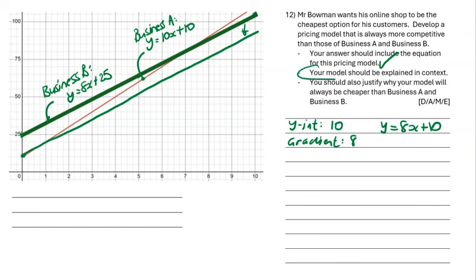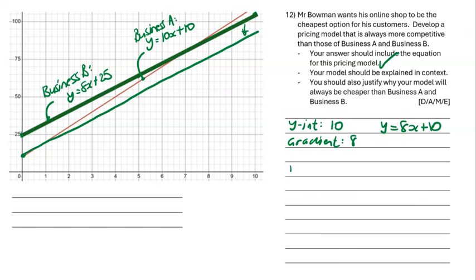The next part is to explain what the pricing model is in context. So your $8 is your cost per pack, and your $10 is your fixed charge. Because I do a lot of postage for Pokemon stuff, a little parcel normally costs $6 to $8. So that's probably a nice thing. I could buy some bubble wrap and some fancy boxes, and that can be the delivery charge, including the postage and the extra stuff that I need to do. So let's explain that.